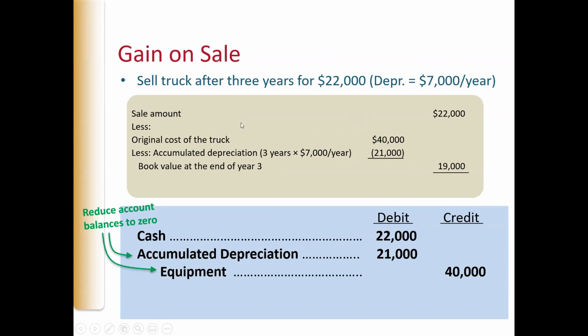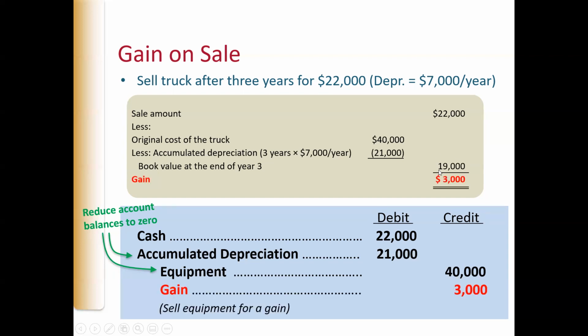We've got the book value at the end of year 3 of 19,000. So we have a gain here of $3,000. Remember, when we sell an asset, we need to get rid of the equipment in full, the accumulated depreciation, the cash we're receiving, and then we'll show the $3,000 gain here.